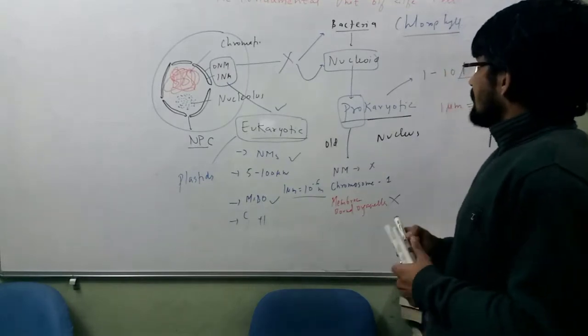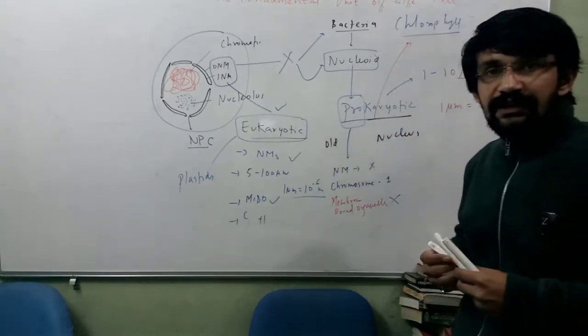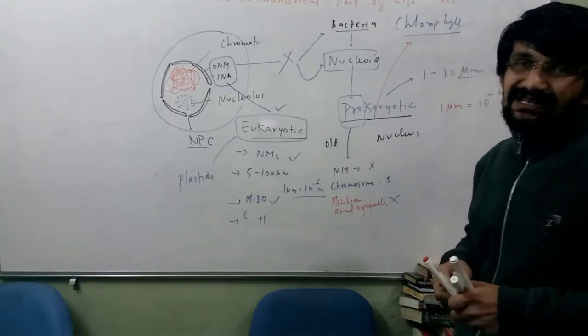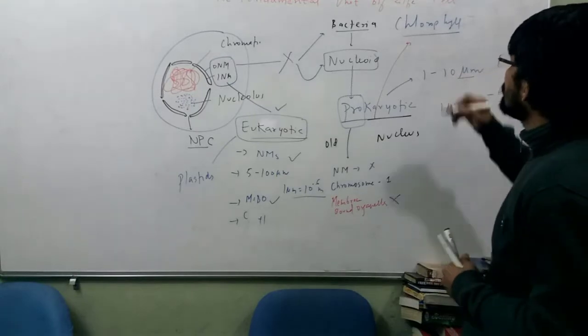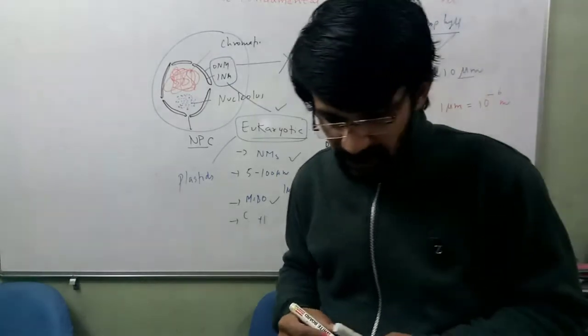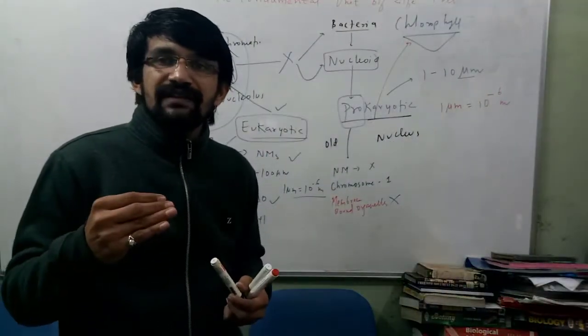The prokaryotic organisms which have chlorophyll in it have membrane bound vesicles present. That means the chlorophyll is associated with the membranous vesicles which are formed in the bacteria.